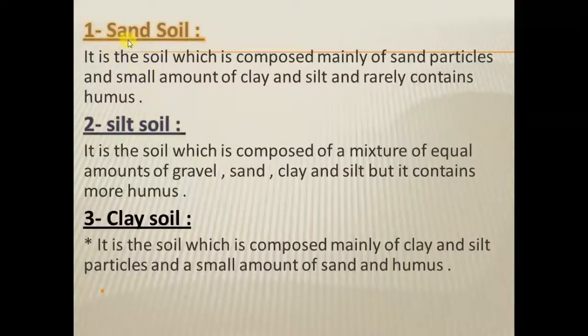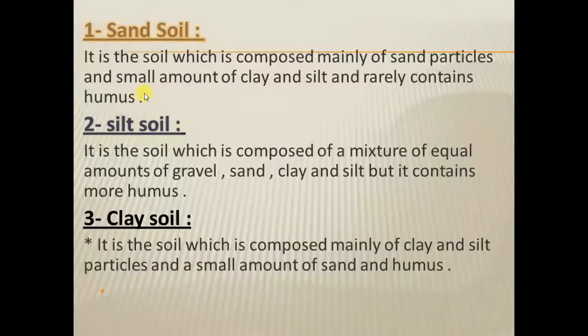In the beginning, the sand soil. What is the sand soil? The sand soil is the soil which is mainly composed of what? Sand particles and a small amount of clay and silt, and rarely contains humus. One more time. What's the component of the sand soil?